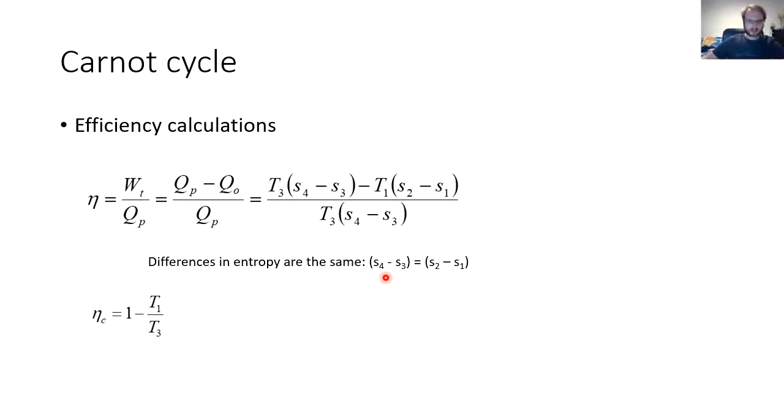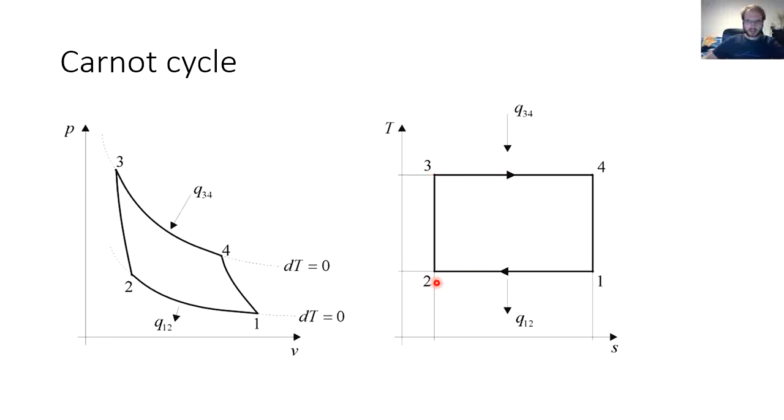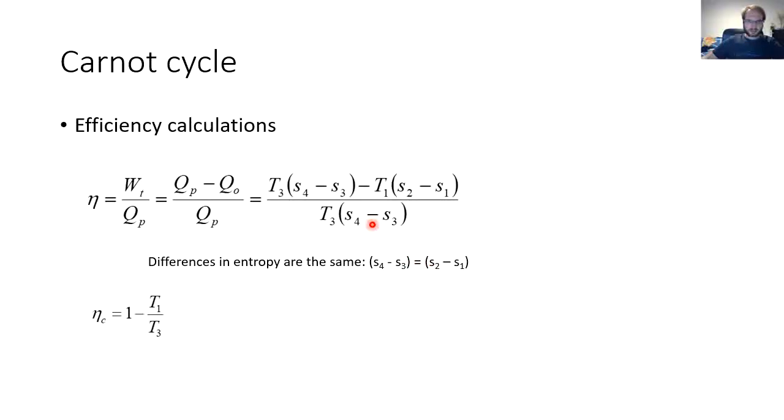You can also note that as in the TS diagram it's a rectangle, the differences between entropies 3 and 4 and 2 and 1 are the same. So this whole system simplifies to T3 minus T1 over T3, or just 1 minus T1 over T3.